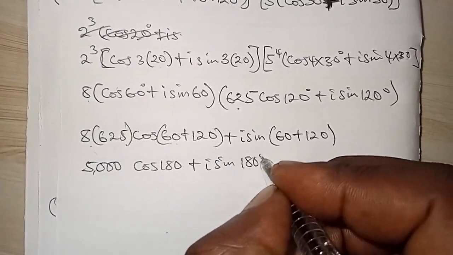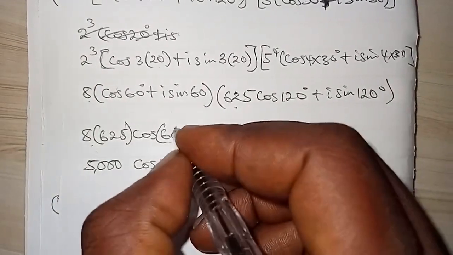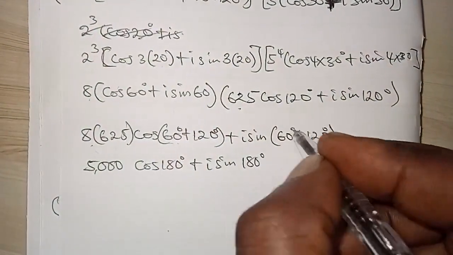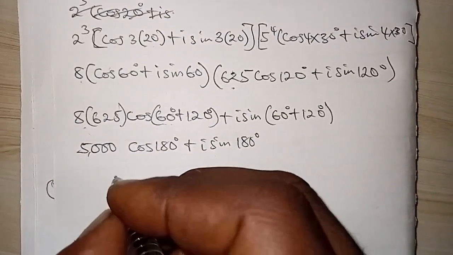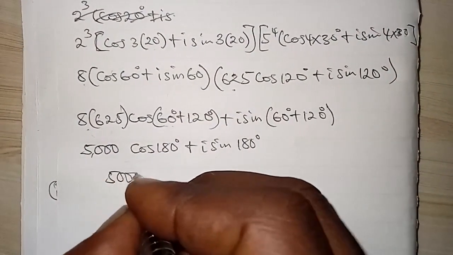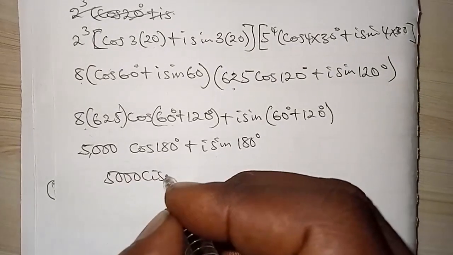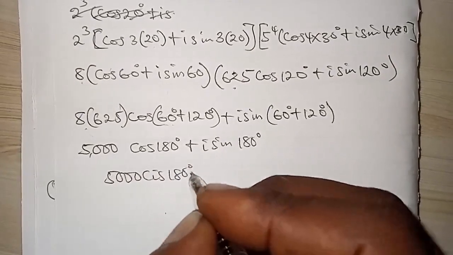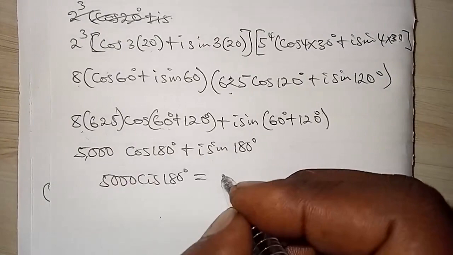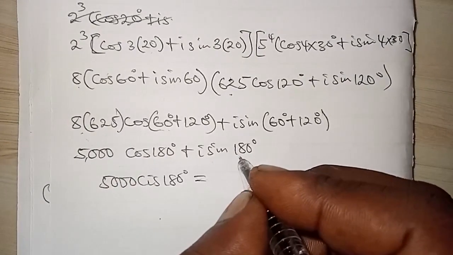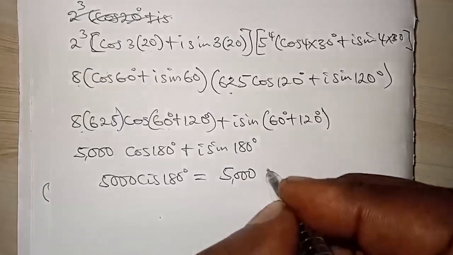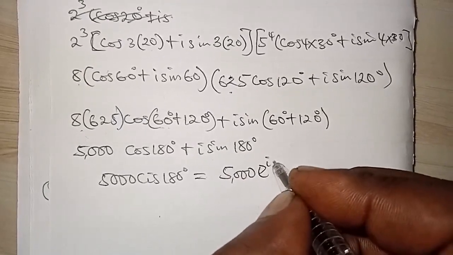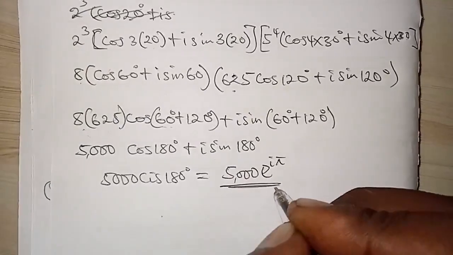So now that we've gotten this, if we want to reduce it to short form, we have 5,000 cis 180 degrees. If we put it in exponential, remember that pi is 180, so we can simply say 5,000 e to the i pi.